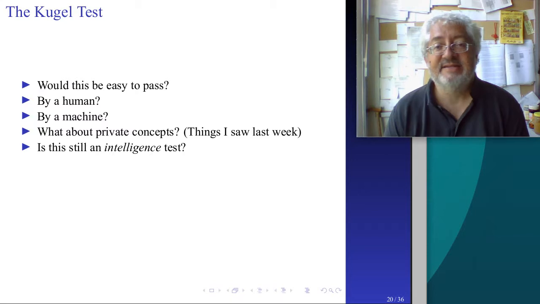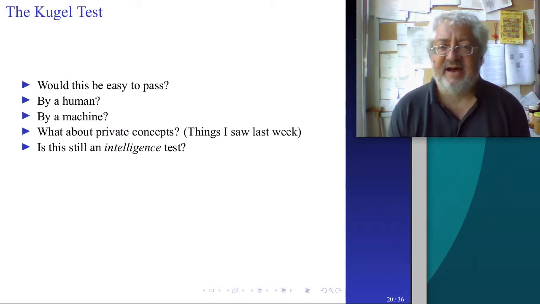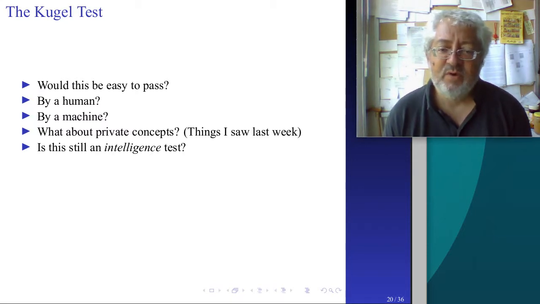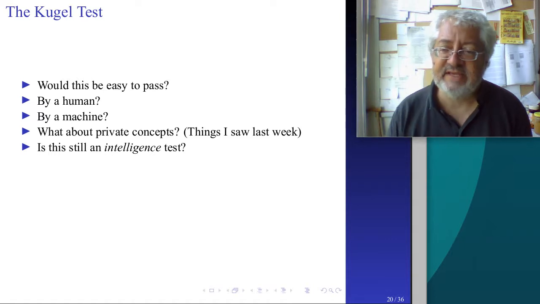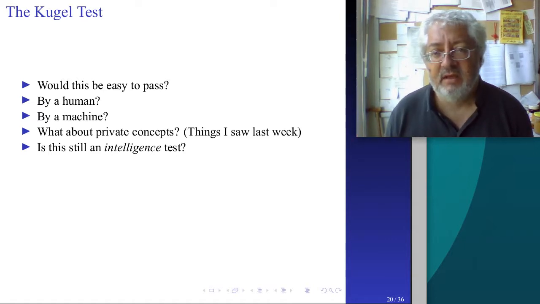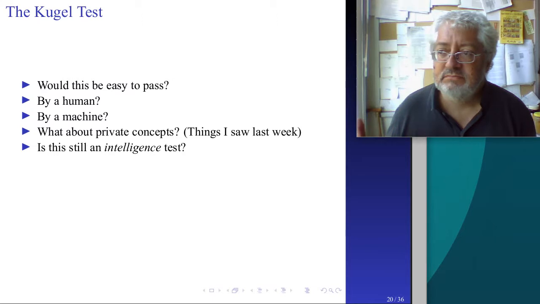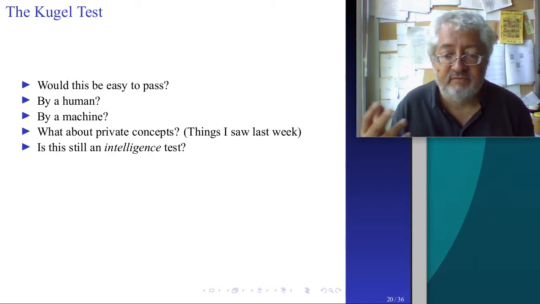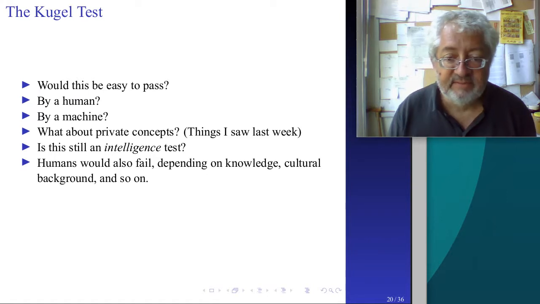So I can ask, is this still an intelligent test in any way? Where is the intelligence? Now this has become a test of magic, trying to guess what the other person is thinking of.